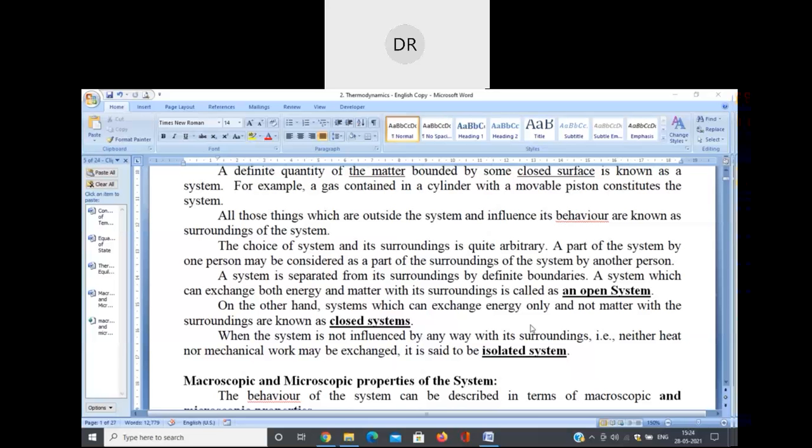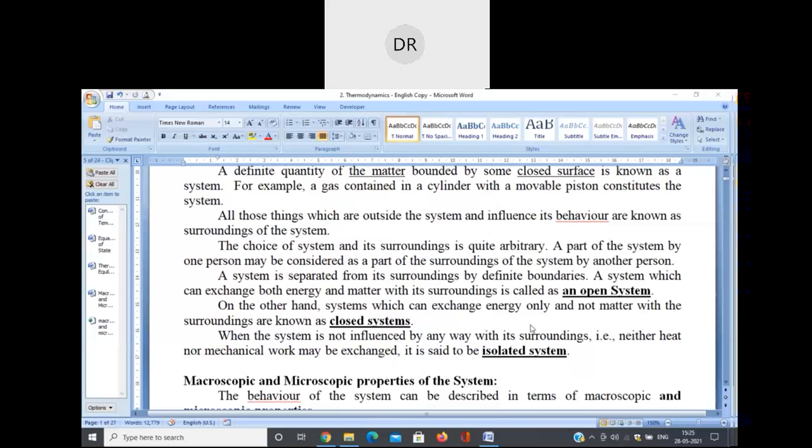Two cases are possible. If the system exchanges both energy and matter, that means gas, in the case of the gas contained in a cylinder with a movable piston, if both are exchangeable, then the system is called an open system.